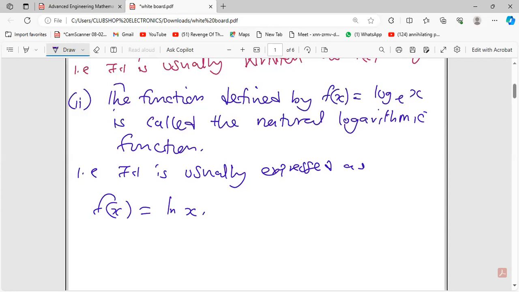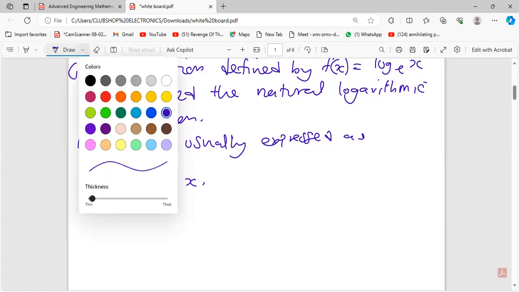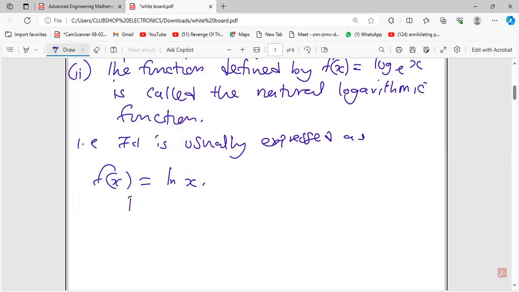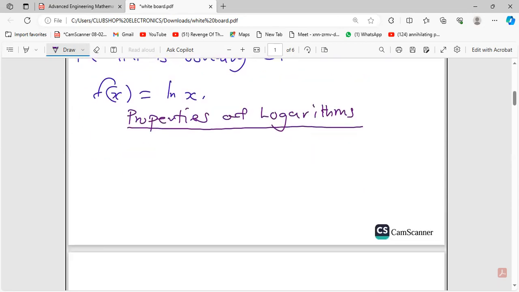Now, let's look at the properties of logarithm. These are very important to deal with logs, exponential functions, logarithmic functions, and log equations. We need the properties of logarithm. Again, I must mention that the laws of indices are handy in here.